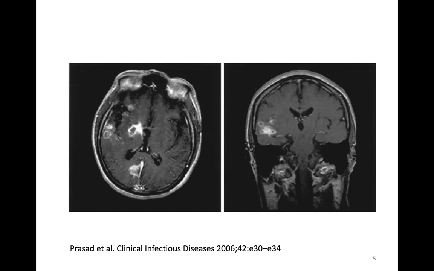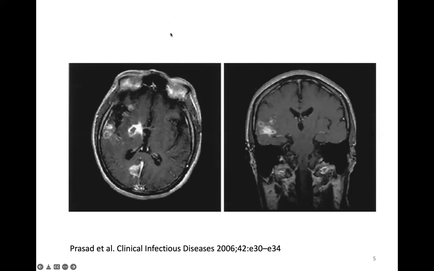When the CT scan is not available, that's where the dilemma is, because even after doing the CT scan, I will still give you differentials. I won't say definitely this is toxo or this is TB. That's where the challenge is: you cannot always distinguish the two on a CT scan. Sometimes, remember, this is a patient with HIV.